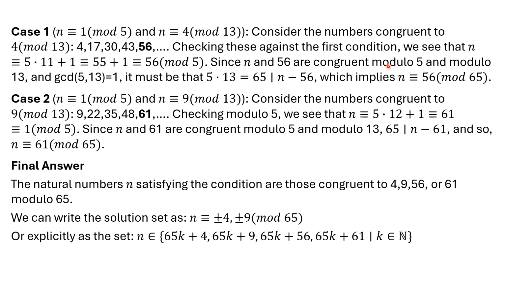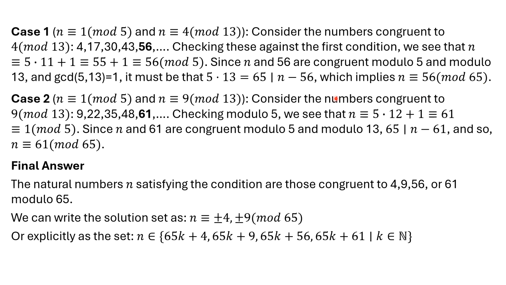So since n minus 56 is divisible by 5 and 13, and 5 and 13 are relatively prime, their GCD is 1, we know that their product, 5 times 13 equals 65, divides n minus 56, and that gives us that n is congruent to 56 mod 65. So this is yet another infinite set of solutions.